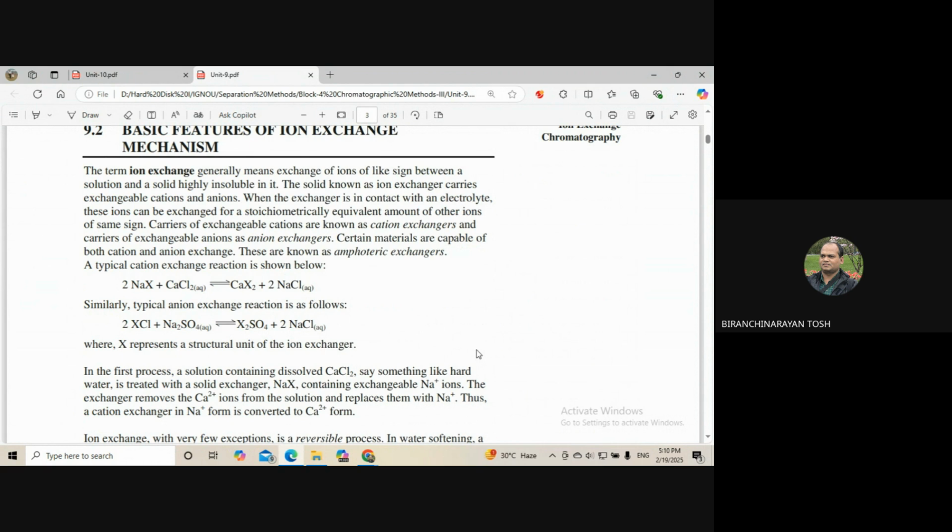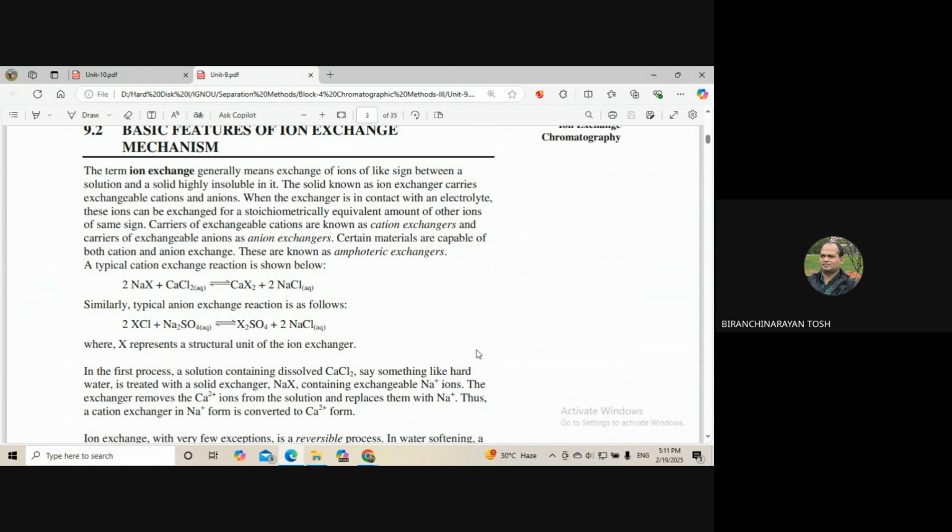So the solid known as ion exchanger carries exchangeable cations and anions. When the exchanger is in contact with an electrolyte, these ions can be exchanged for a stoichiometrically equivalent amount of other ions of the same sign. Carriers of exchangeable cations are known as cation exchangers, and carriers of exchangeable anions are known as anion exchangers. And certain materials are capable of exchanging both cations and anions, so they are known as amphoteric exchangers.